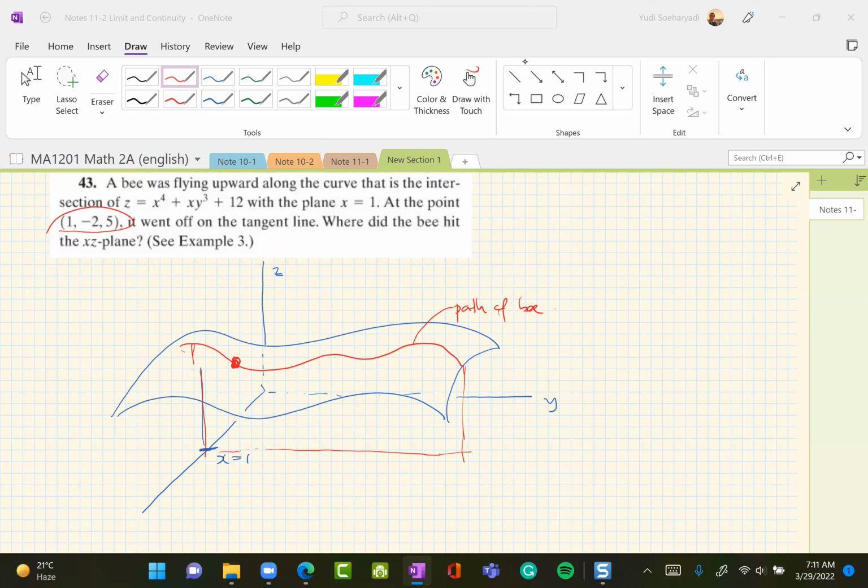So here, at the plane x equals 1, we fix x equals 1 and vary y. This is the equation. Okay, so compute the slope, right? We have computed at this point here, 1, -2, 5.